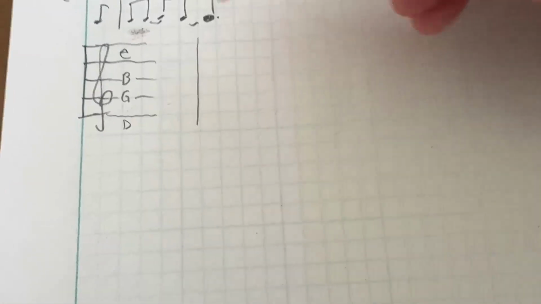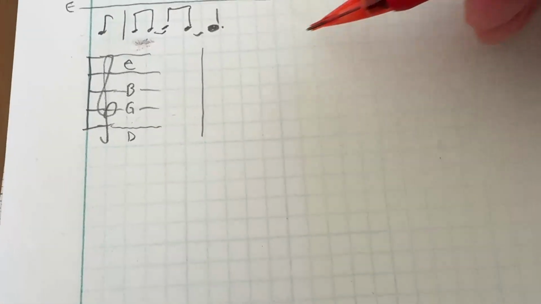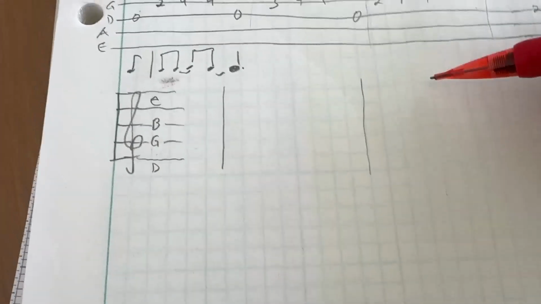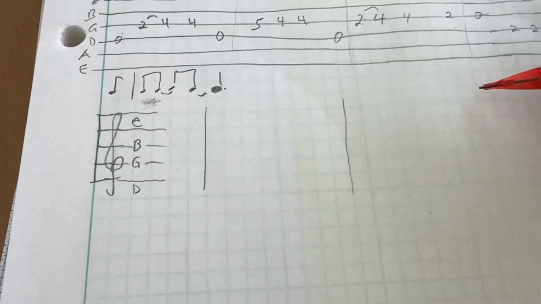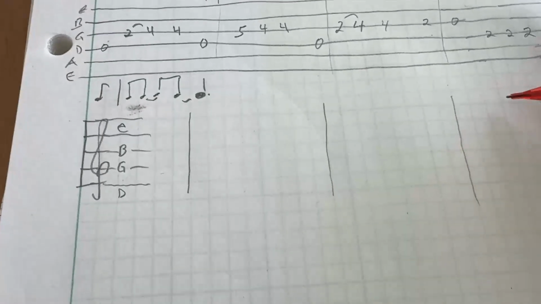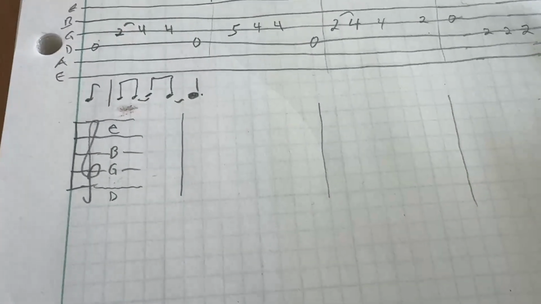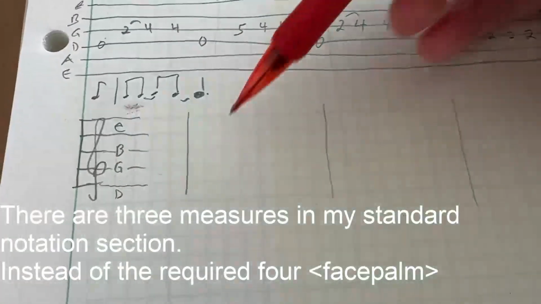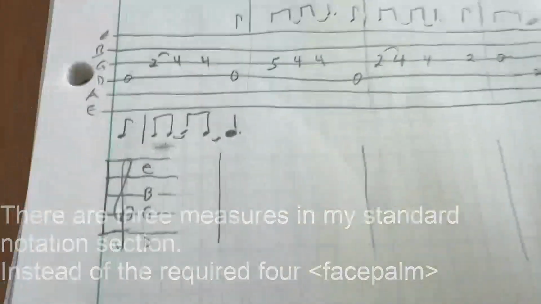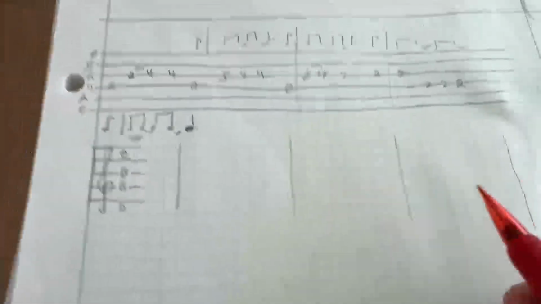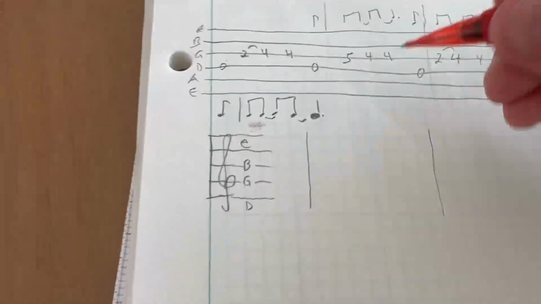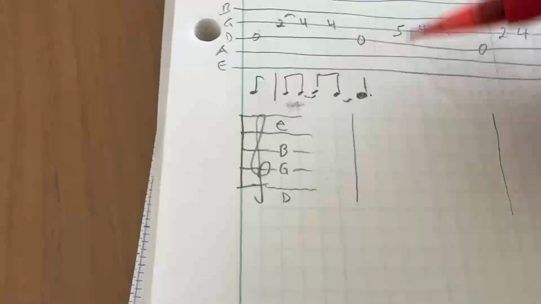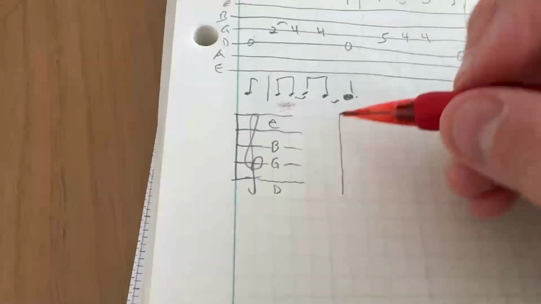So we have 1, 2, 3, 4, 5, 6, 7, 8. 1, 2, 3, 4, 5, 6, 7, 8. 1, 2, 3, 4, 5, 6, 7, 8. 1, 2, 3, 4. That's how many measures. 1, 2, 3, 4. All right, that actually works. Apologies for the shaky camera, but hopefully this proves this is not AI.